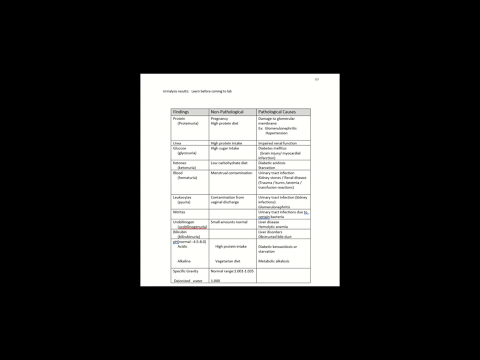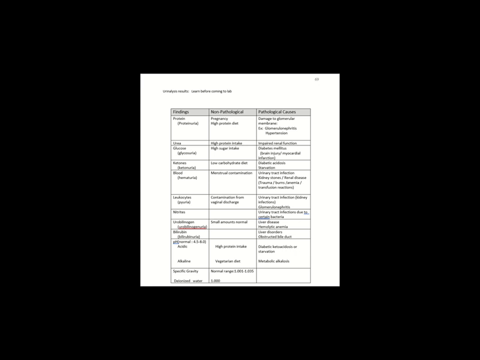So really what specific gravity is, it's almost like concentration. It's telling us how much stuff is dissolved in the liquid of the urine. It's telling us the concentration of the urine. And just as a guideline, deionized water, so this is pure water, has a specific gravity of 1.000.